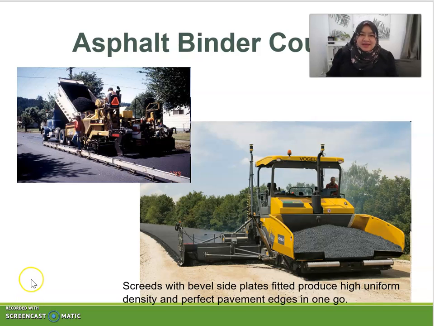The next layer in this pavement is an asphalt binder course. This is the asphalt binder course. It will be street leveled with necessary equipment, and it will be screeded using machineries.